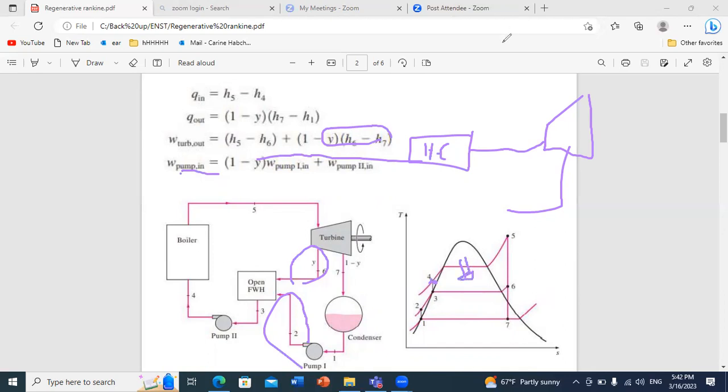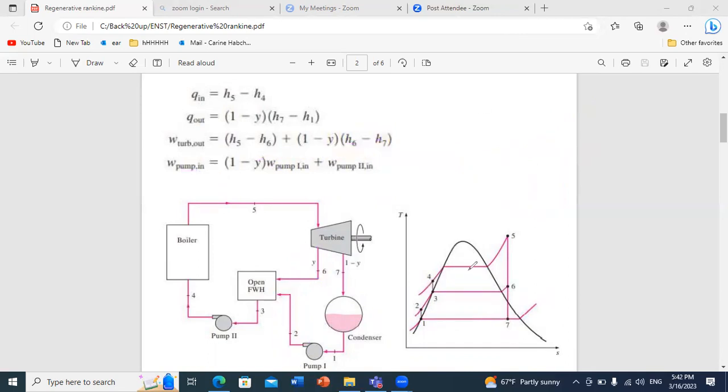So the idea is the following: if I use the conventional Rankine cycle, I don't have this. The fluid exiting the turbine will completely expand until this point. It will enter the condenser. Then we'll have only one pump, and this pump will increase the pressure from the low pressure to the high pressure, and will reach this state. Now once we reach this state, the temperature will be much smaller than in the case of regenerative Rankine.